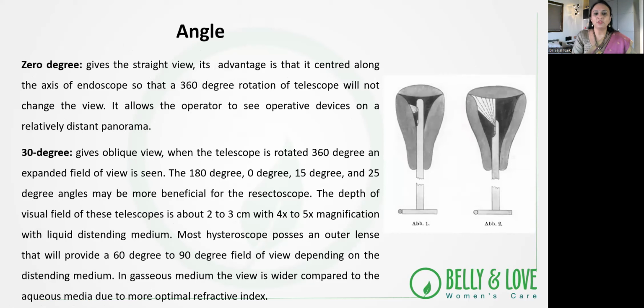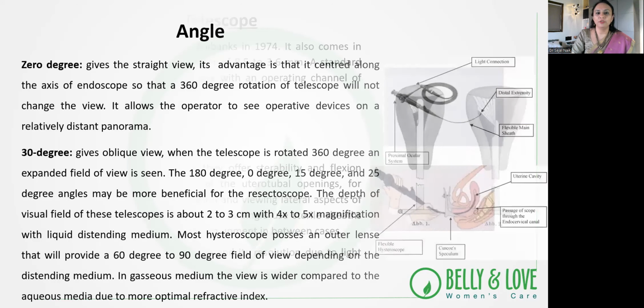It gives a better visualization of the uterocornual tubal junction, and it gives 2 to 3 centimeter depth with 4 to 5 times magnification. It is very easy and very commonly used with liquid distension media, and can give 60 to 90 degrees of field of vision.